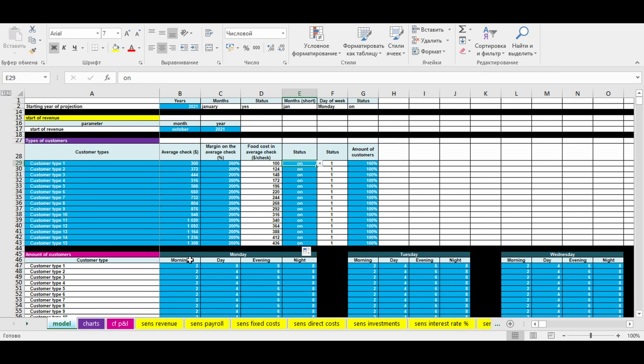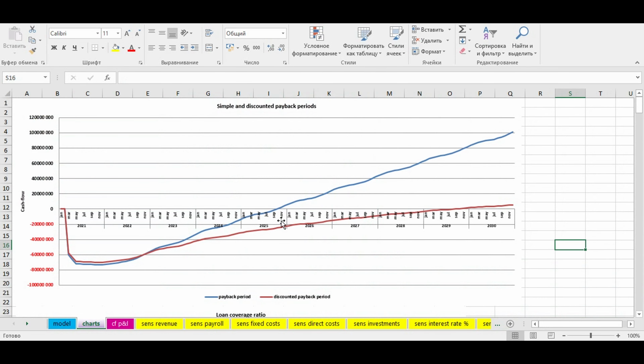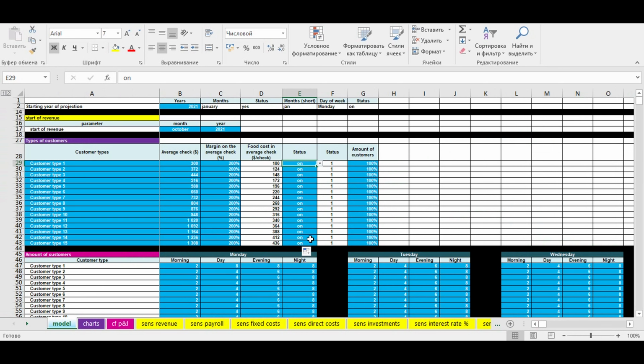This is a very useful item because many steps forward, when you see the profit of your coffee shop and look at the payback period diagram, you will face a necessity to modify your inputs.